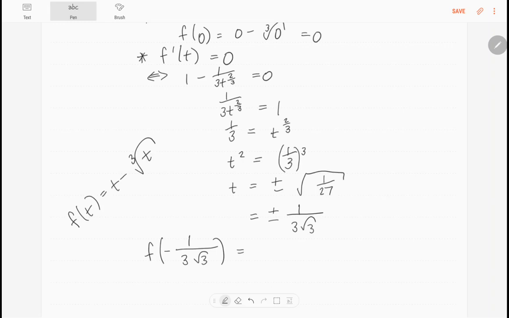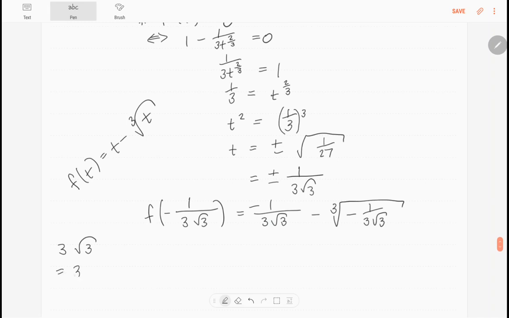So this is going to be 1 over minus 3 root 3 minus the cube root of minus 1 over 3 root 3. And 3 multiplied by root 3 is the same as 3 multiplied by 3 to a half, which is just 3 to the 3 over 2. So I'm just going to write this as 3 to the 3 over 2.